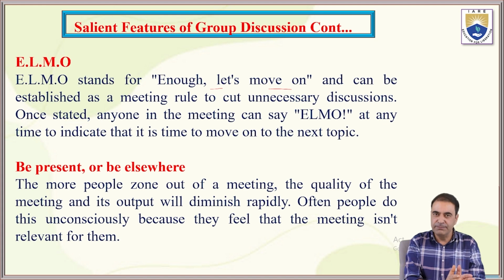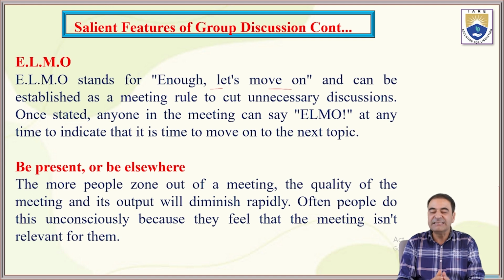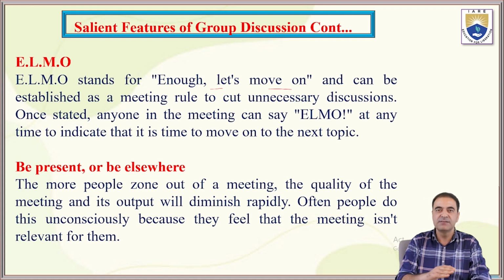Yes, come to the main topic. For example, in discussion, we often get deviated from the main idea. In such situations, one can announce ELMO. That means enough, let's move on. That means no, come back to your topic, finish your topic, or discuss the topic so that we can find a solution.